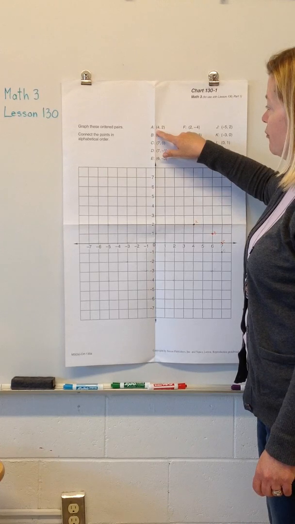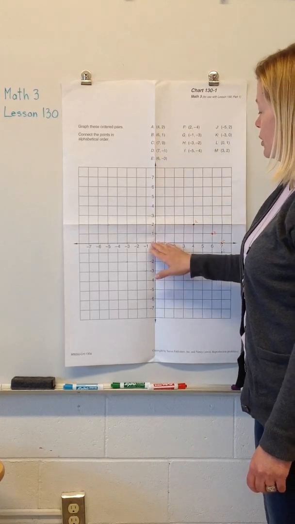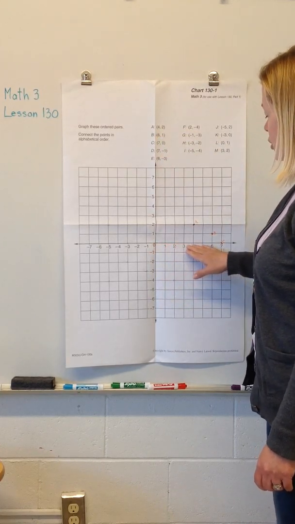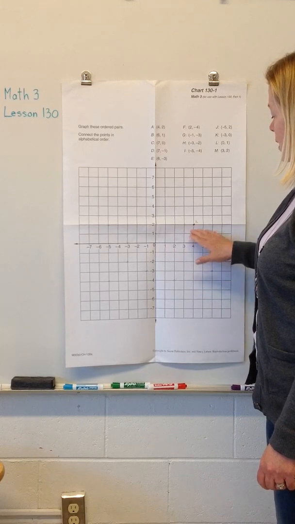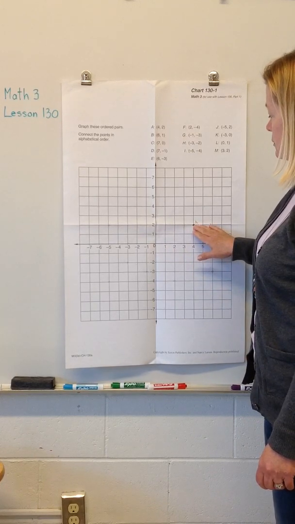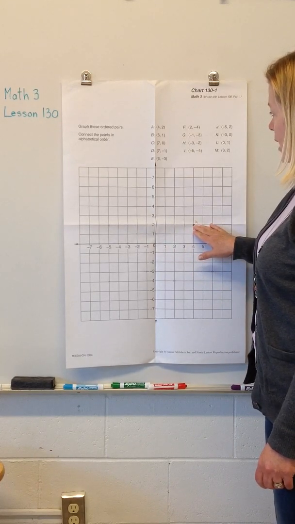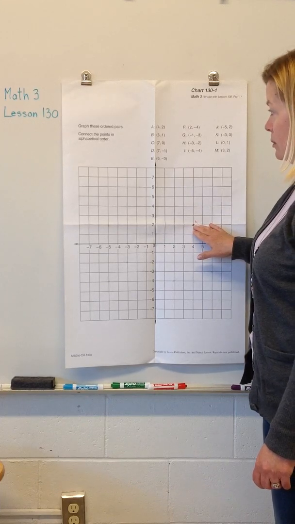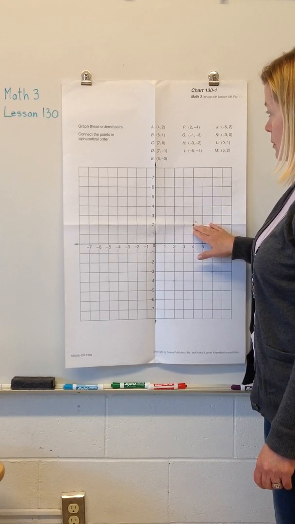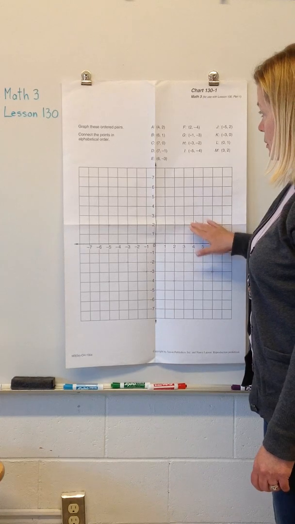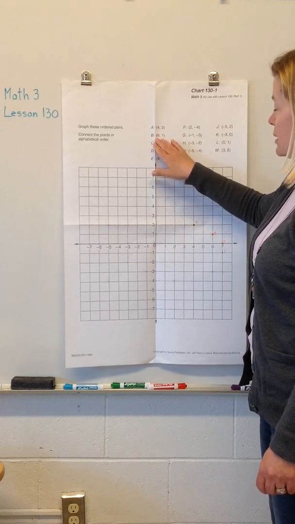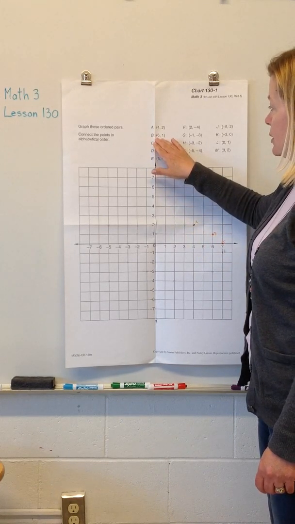So it says 4, 2. So remember, we're going horizontally first, and then we're going to go up 2. So this is where point A is. Okay, look at what B says. B is 6, 1.